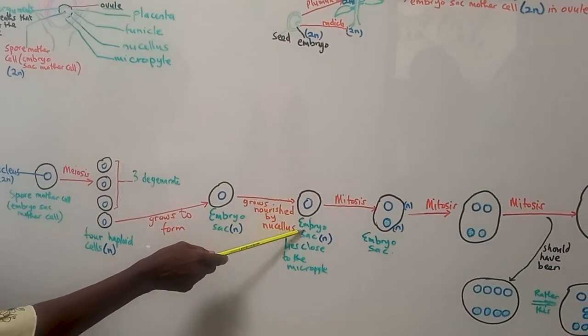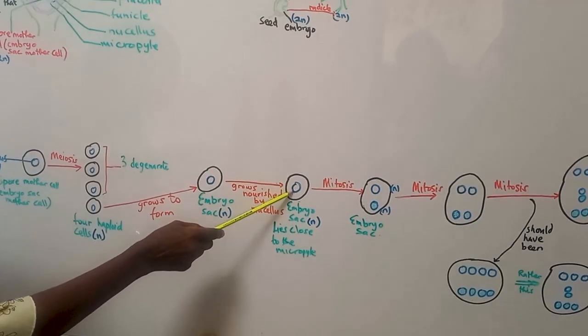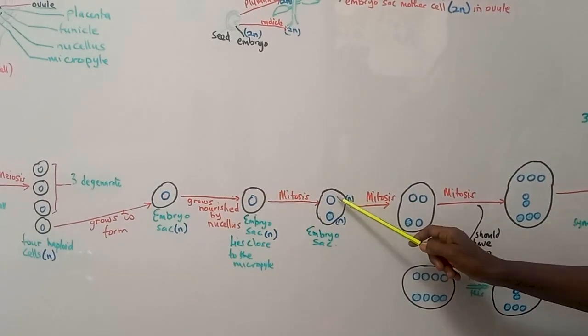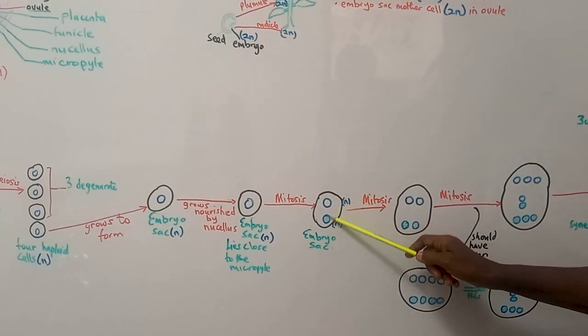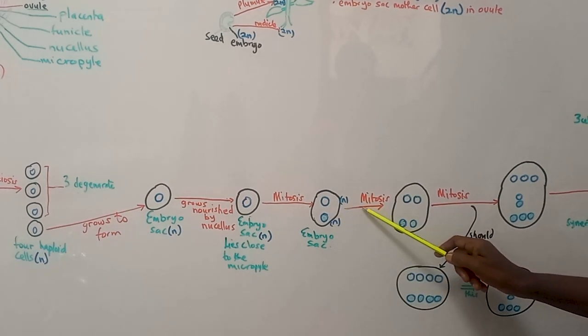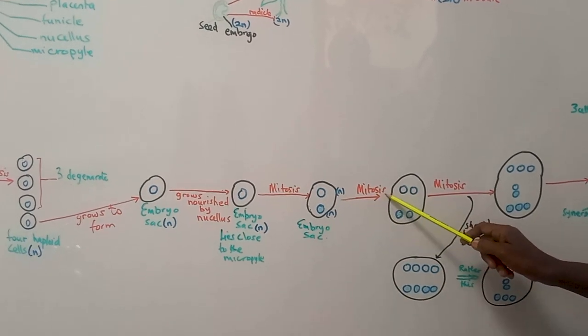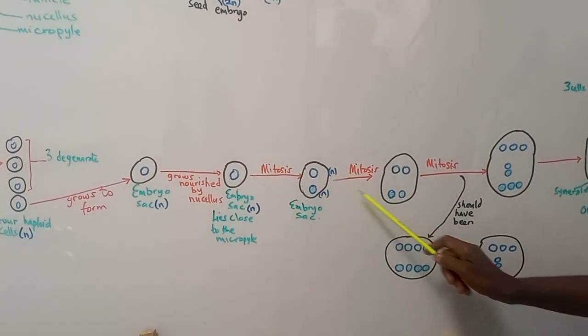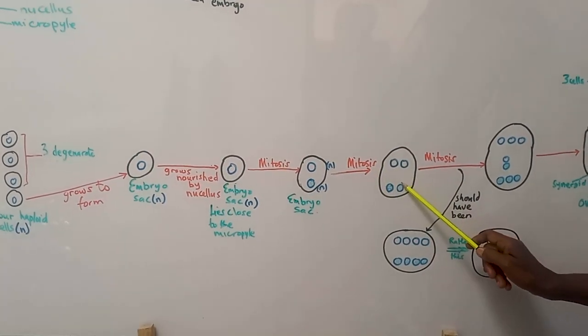Now, this embryo sac with a haploid nucleus undergoes mitosis, and this nucleus breaks into 2. So by mitosis, you have 2 nuclei formed, then it undergoes another mitosis. This one becomes 2 nuclei, this one becomes 2 nuclei because of the mitosis.